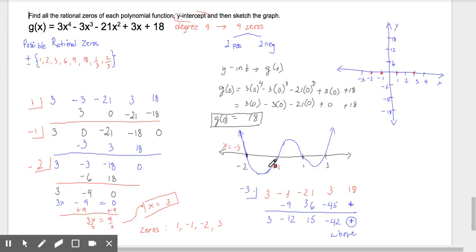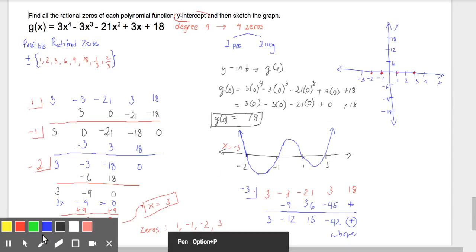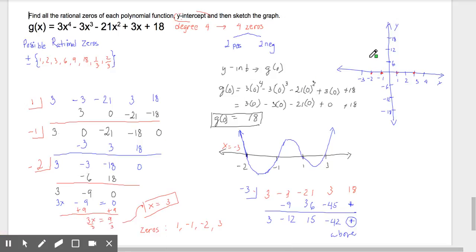Then we are going to copy the shape. So that means, let me use green, that the graph starts here above the x-axis, touch the x-axis at negative 2, come down, go back up, touch this. Now we need to put the y-intercept because we're approaching the y-axis. So the y-intercept is 18. This is the y-intercept.